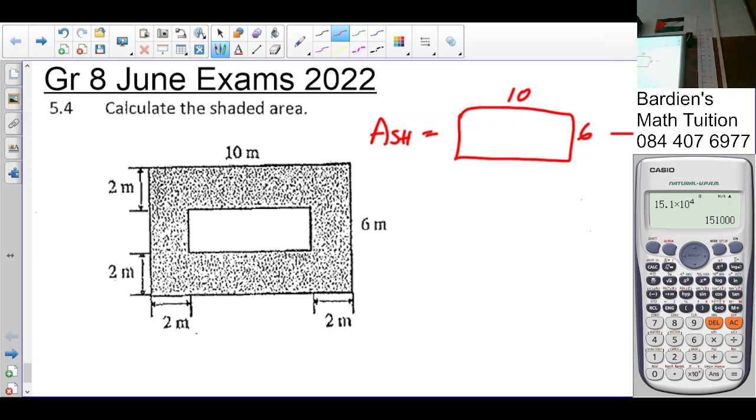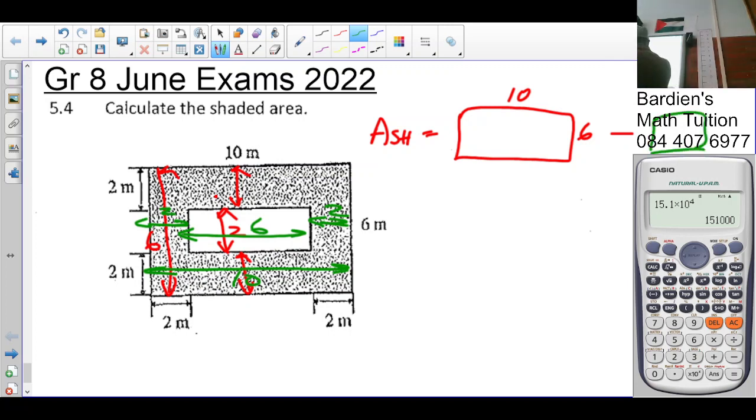If that is 2 meters from there to there, and this is 2 meters from there to there, and from there to there measures 10, then what is this measurement across there? 6. So we have minus the rectangle, which measures 2 by 6.